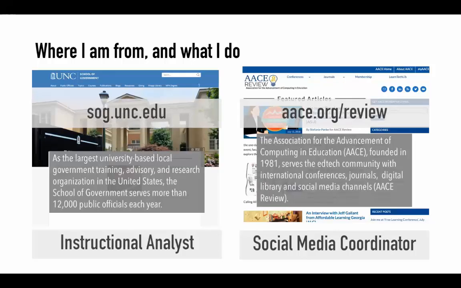It also publishes several journals. These are accessible through the LearnTech Lib, Learning and Technology Digital Library, and we have several social media channels. I am personally responsible for aace.org/review, which is a blog where I supervise several interns and also blog myself.